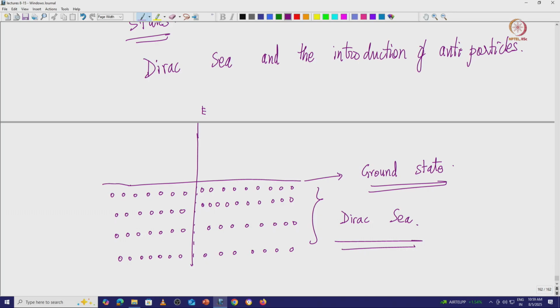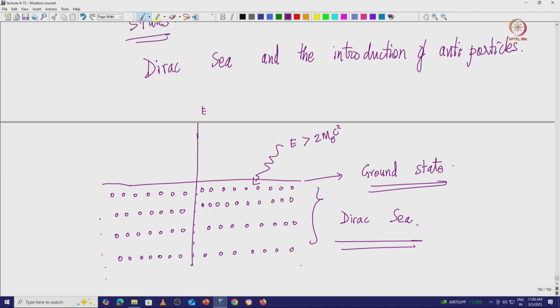But what happens once in a while is that a photon comes in, and this photon has energy greater than 2 times the mass of the electron, 2mc squared. This is the lowest state, second lowest state, third lowest state, and so on.